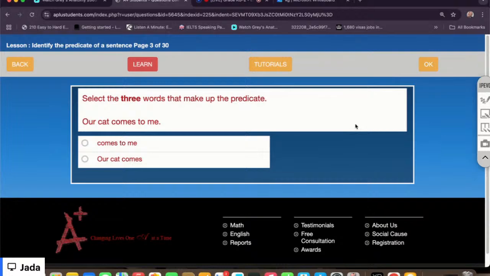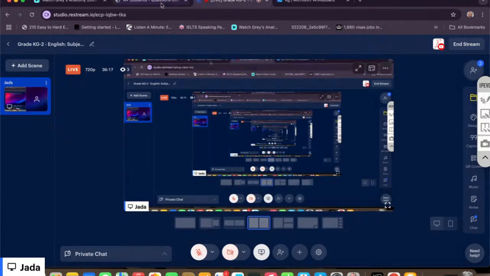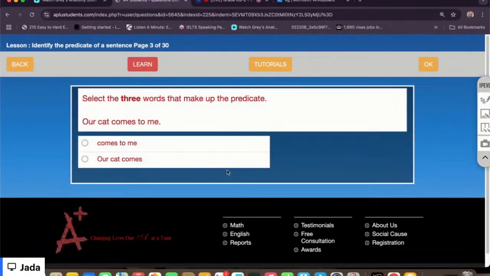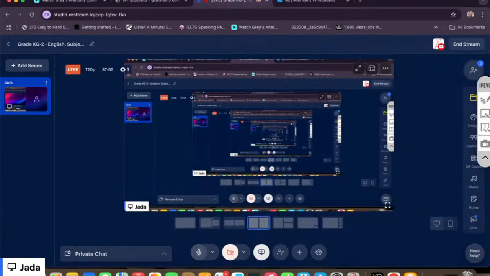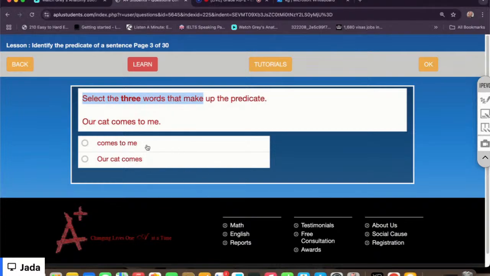Our cat comes to me. So, comes to me. Okay. So comes to me.